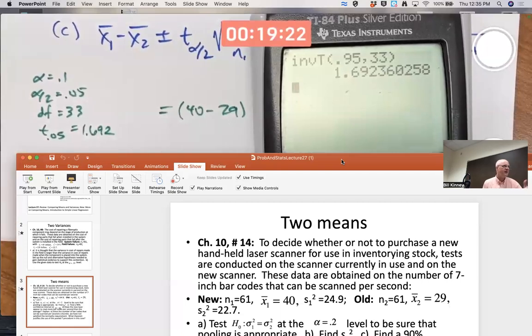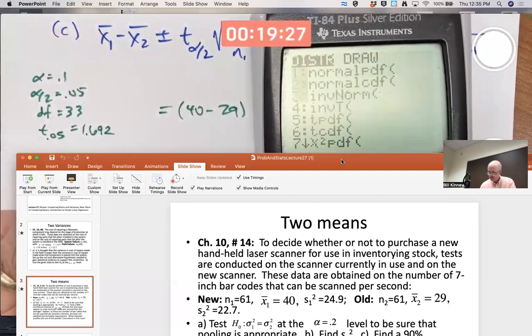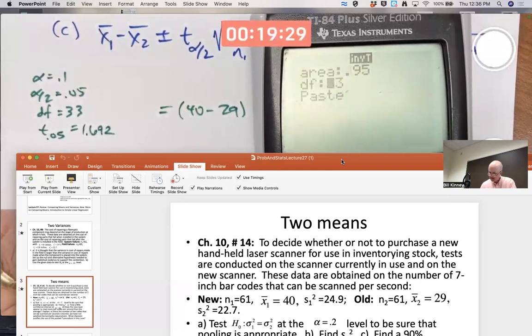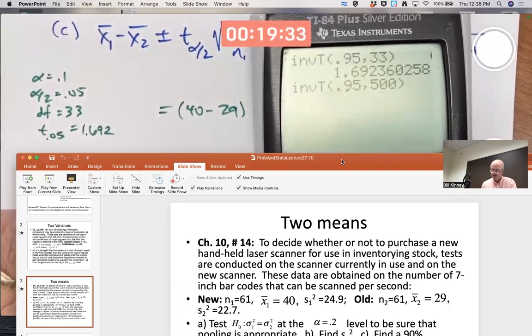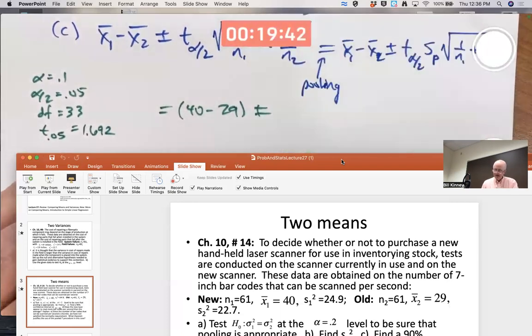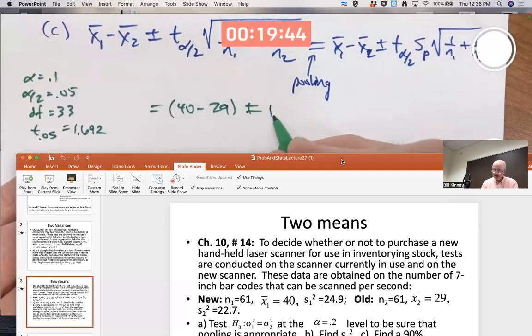The higher the degrees of freedom, the closer it gets to 1.645. Just to illustrate, if I made this 500 or something, it should be pretty close to 1.645. Yeah. So that goes in there, 1.692.